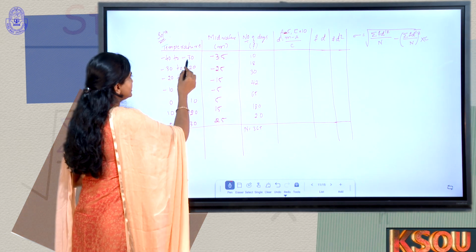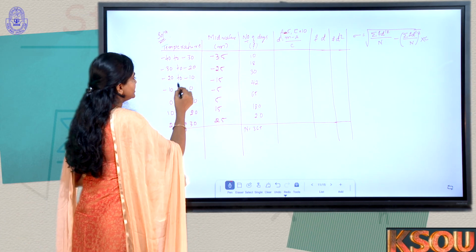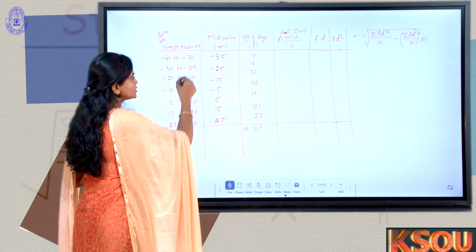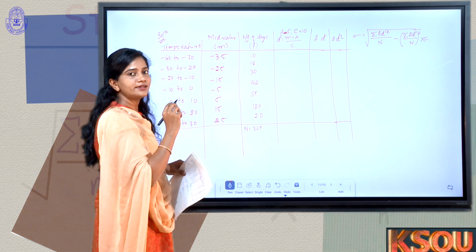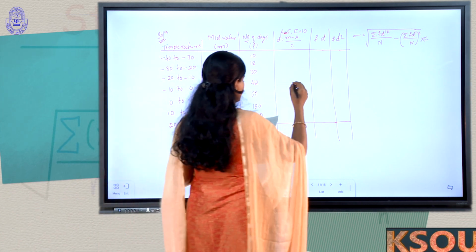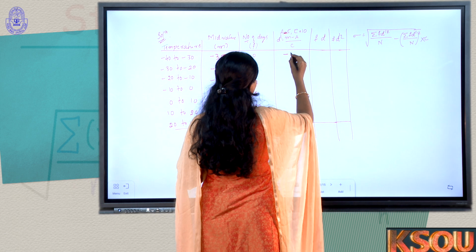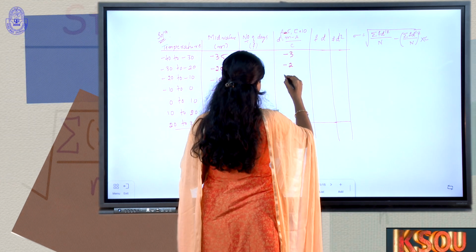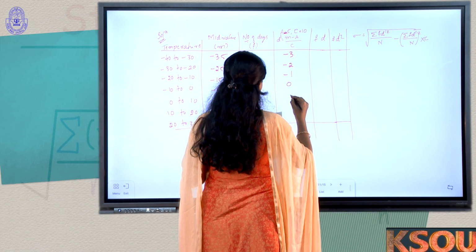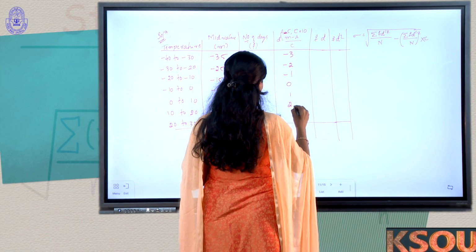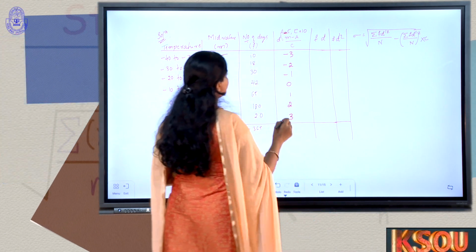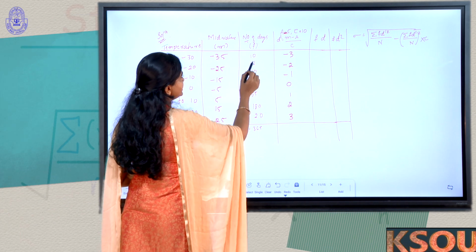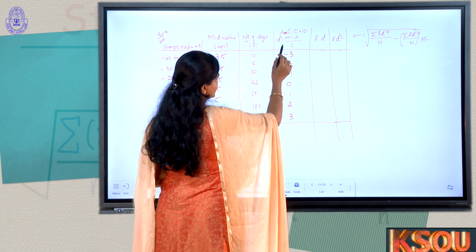So, minus 40 to minus 30, minus 30 to minus 20, minus 20 to minus 10, minus 10 to 0, 0 to 10, 10 to 20 and 20 to 30. So, you will have a size equal to 10. You will get the values minus 3, minus 2, minus 1, 0, 1, 2, 3.